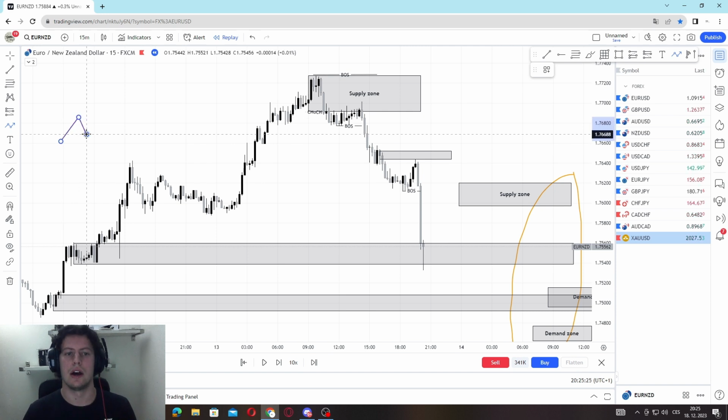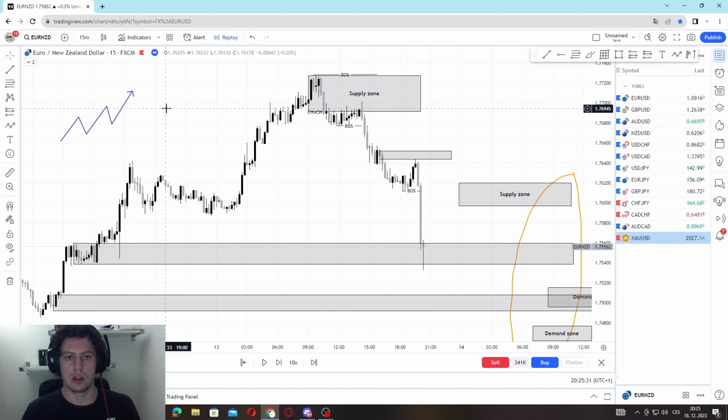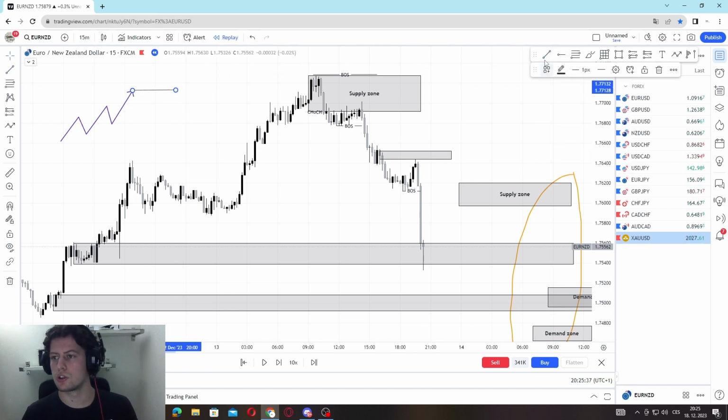We are in an uptrend. We have higher highs, higher lows. This is our perfect uptrend. So if this breaks, we have a break of structure. We have a break of structure here because it made a high.